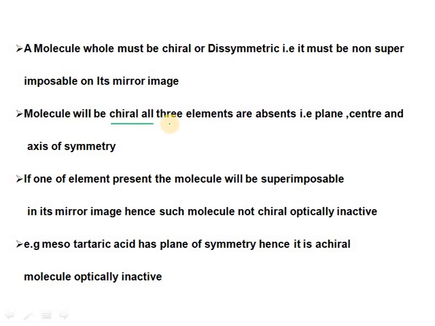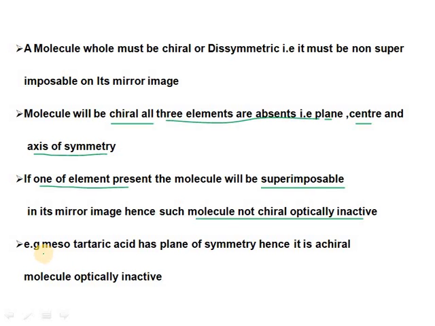They contain none of three elements of symmetry: the plane, center, and axis of symmetry. If one element is present, the molecule will be superimposable on its mirror image, and such a molecule does not show chirality and is optically inactive.